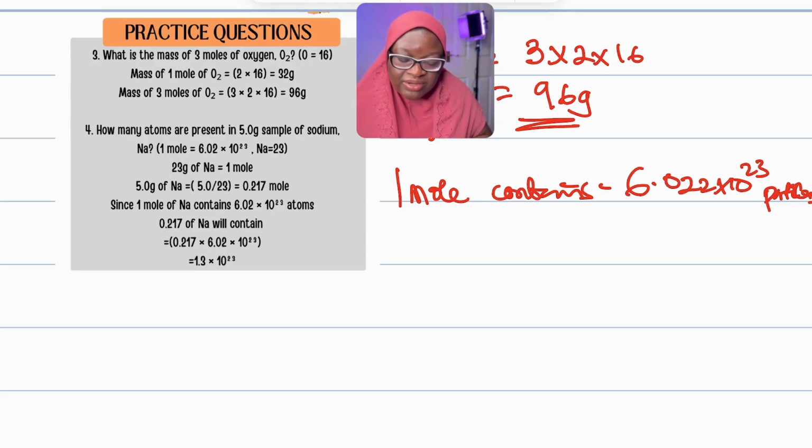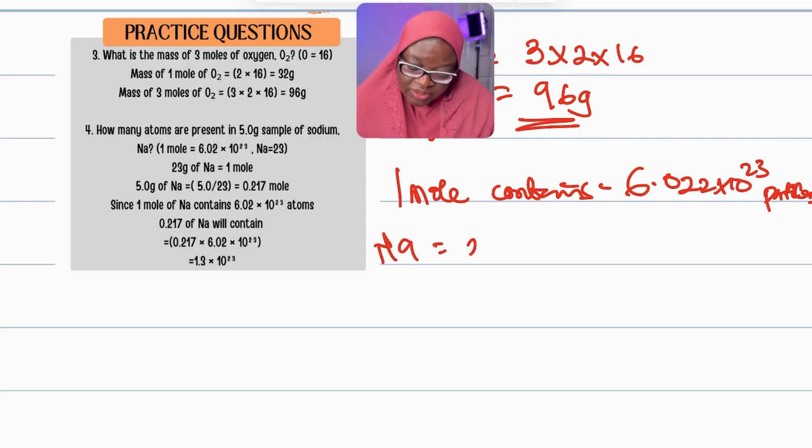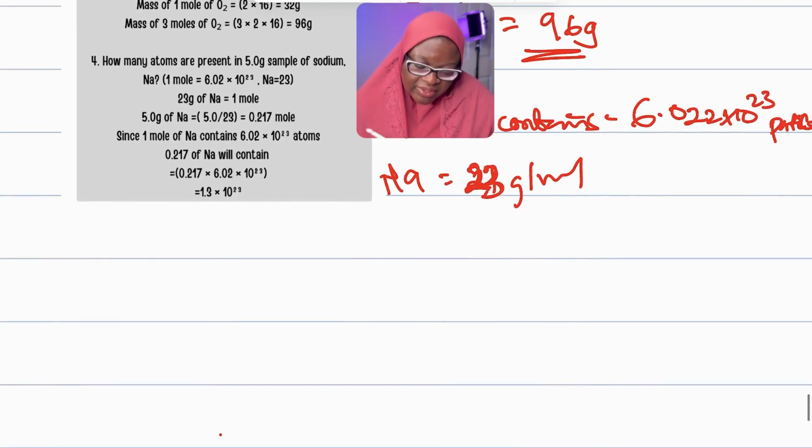Let's convert the grams to moles. They've given us that sodium is 23, that is, 1 mole of sodium is 23 grams per mole. So we have 5 grams. How many moles do we have in 5 grams? That's the first thing we need to find, so we can then use it to calculate the number of particles.